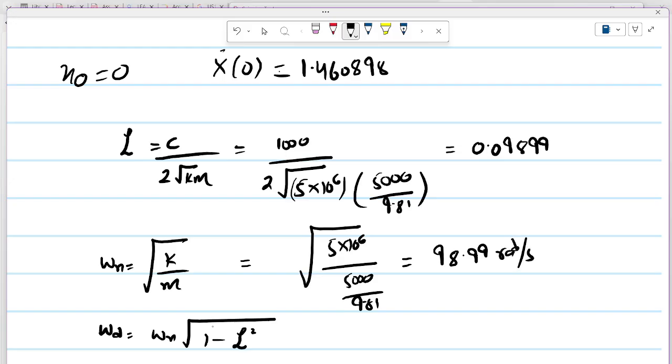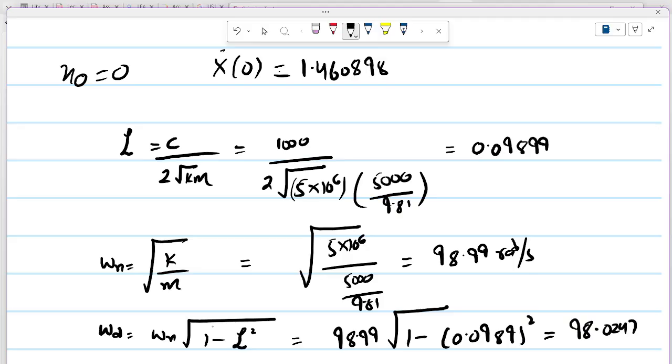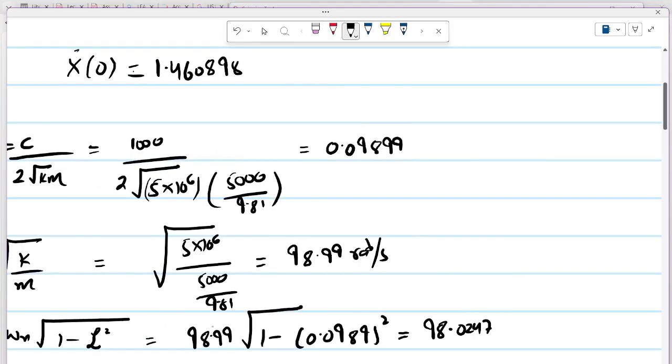That's the angular frequency. You can substitute this in this equation: 98.99 into square root of 1 minus 0.0989 squared, it becomes 98.0247 radians per second.